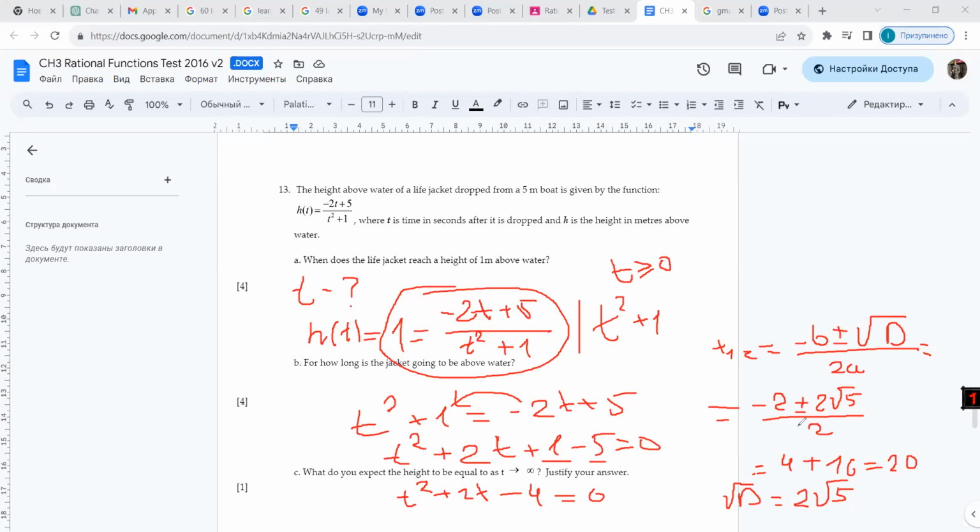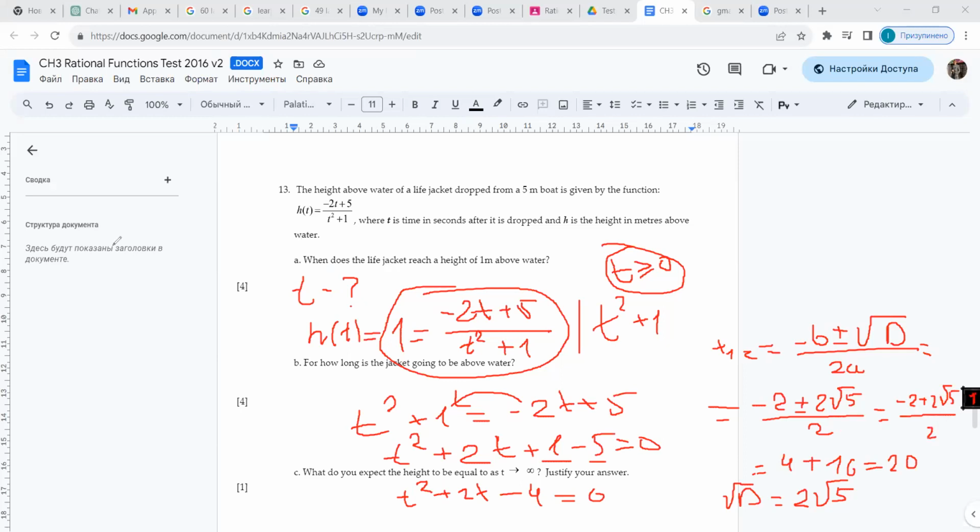Negative 2 minus 2 square root of 5 would give us a negative number, and remember that time is only positive for us. So we choose the one where we add. So basically we're going to get negative 2 plus 2 square root of 5 divided by 2.